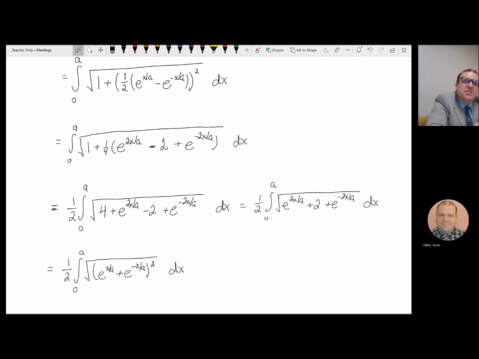Add the exponents, right? So what happens when you add the 2 exponents? So you're left with what? What's e to the 0? Another way you could look at it is, that's e to the x over a divided by e to the x over a, which is 1. Because that's technically a negative e to the negative x over a. Right, so that's why that has to be negative.